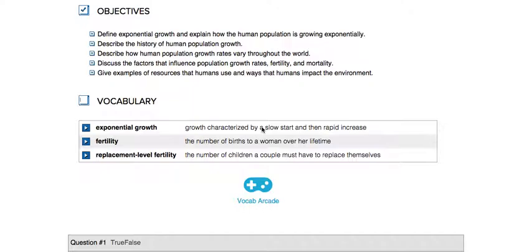So when you see that populations have increased very rapidly, beginning probably about 500 years ago, give or take, this exponential growth has created a strain on the limited resources that the planet has.